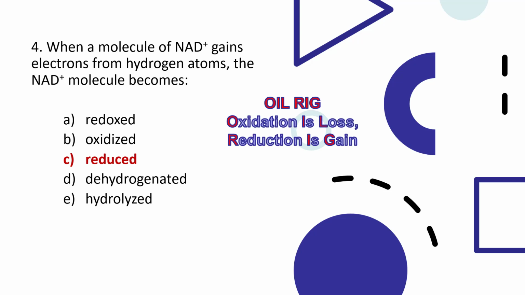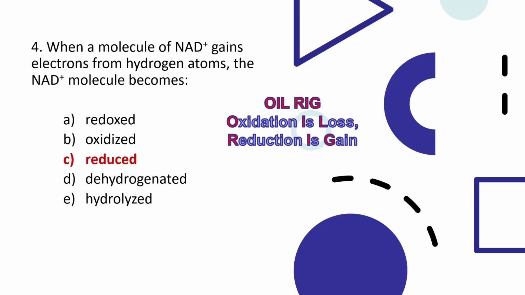Now I know this kind of sounds like it doesn't make sense, right? If NAD plus gains electrons, how can it become reduced? Reduced means exactly the opposite thing. Well, remember that electrons are negatively charged. So if NAD plus gains negative charges, its total charge becomes reduced. Think about it like if you're taking a class and you have your total grade.